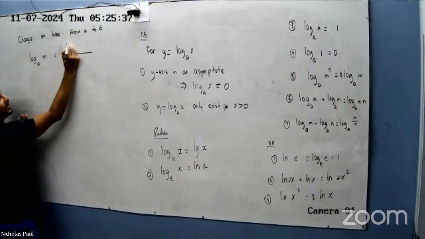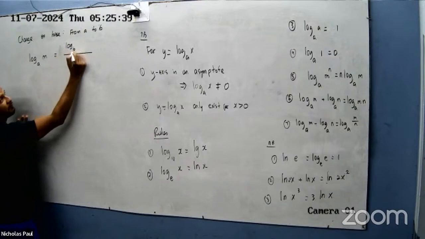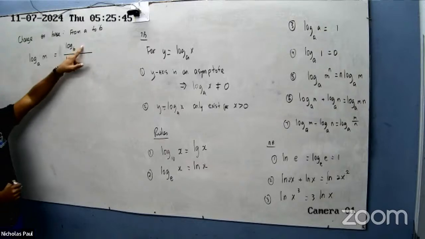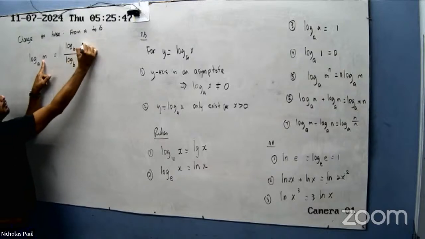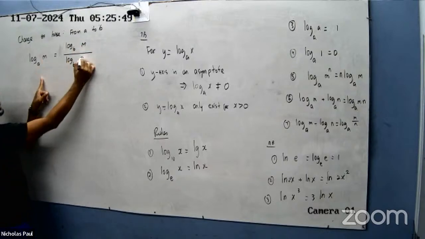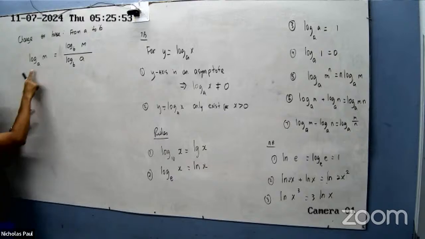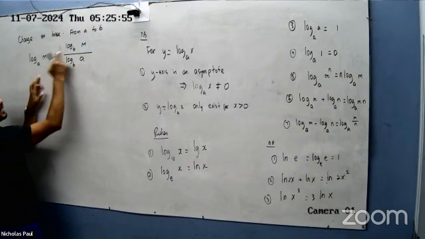The new base is log to the base B. That's the new base. What goes here is the old number. What goes here is the old base. So A goes here, M goes here.